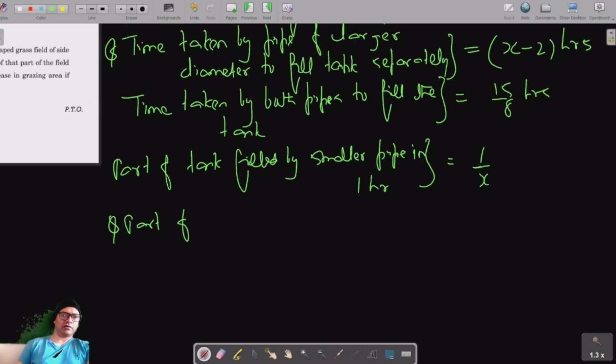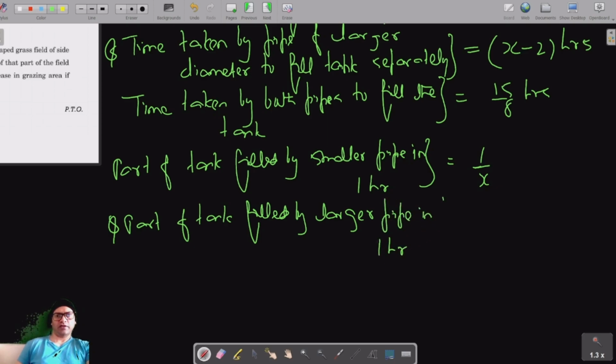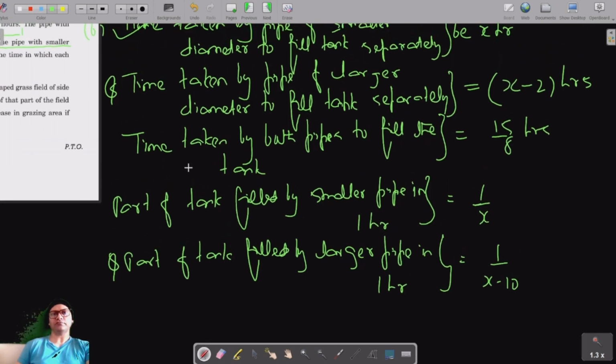And the part of tank filled by the pipe of larger diameter in 1 hour will be 1 upon x minus 10.